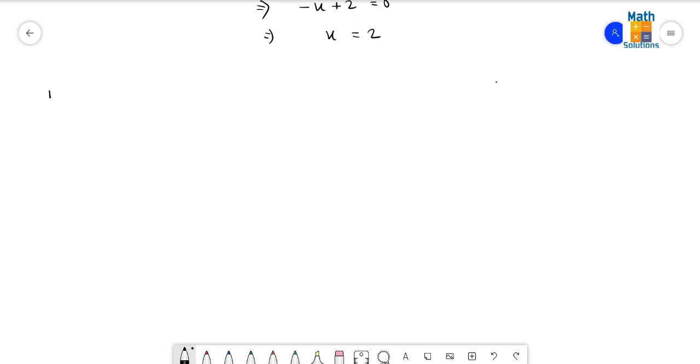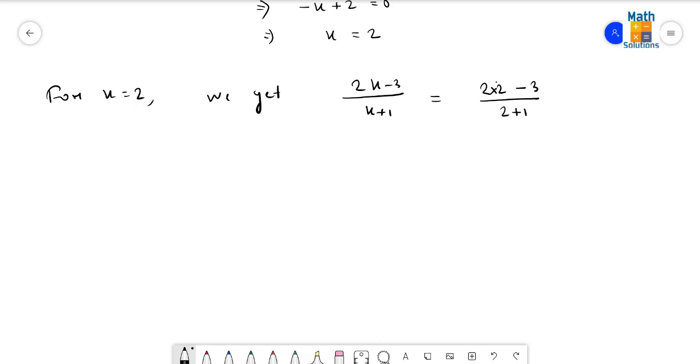So for k equal to 2, we get (2k - 3)/(k + 1) is equal to (2 × 2 - 3)/(2 + 1) is equal to 1/3.